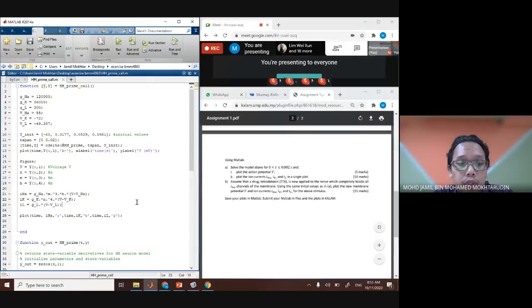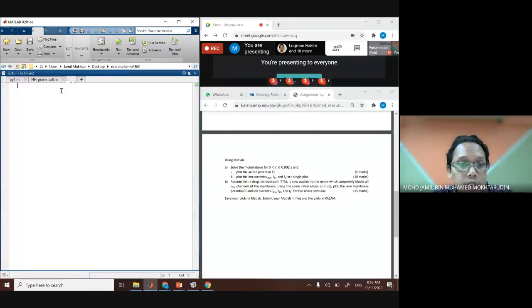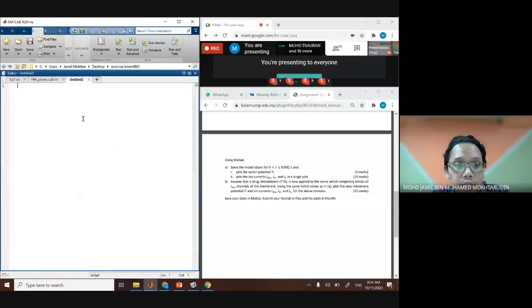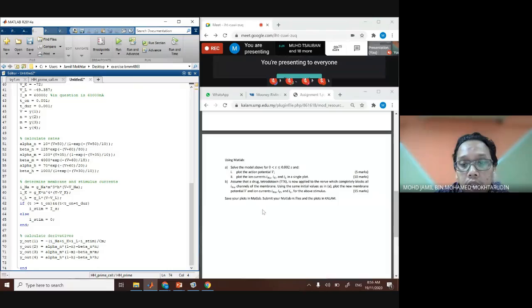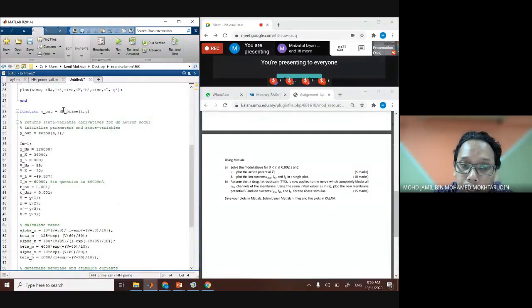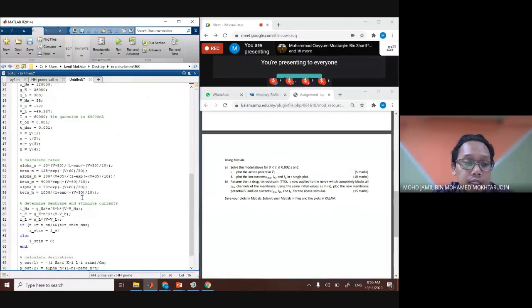So what you need to do is you need to create another M file. Create another M file and then copy, paste there. And then you need to adjust the code in HH prime here supaya menggambarkan yang sodium current sekarang dah tak ada. Sodium current dah tak ada, kena buat macam ni.